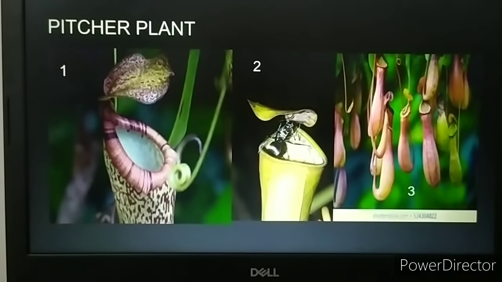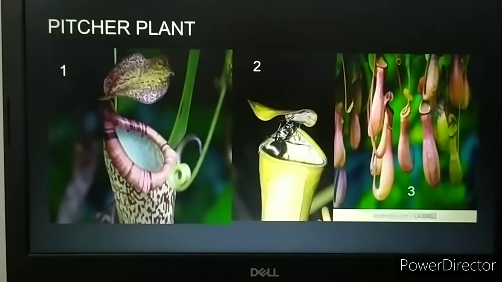As you can see in figure number 2, the insect is moving down and the lid is getting closed. It is half closed here, but slowly it covers it up. The insect slips downwards and finally the lid closes. Then the insect is digested by the various enzymes or juices which are secreted inside the pitcher plant.